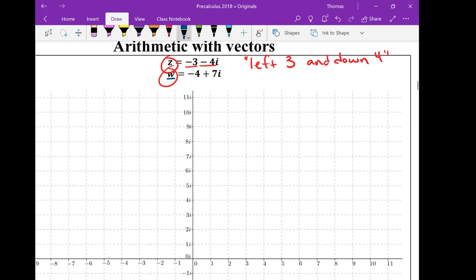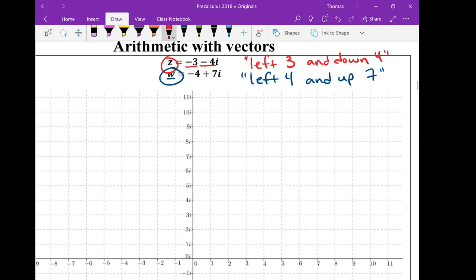And then for w, that would be like saying go left 4, because that real part is -4, so that'd be left on our axis, and +7, so that would be up 7. So that's sort of our description of what these vector instructions are telling us to do.